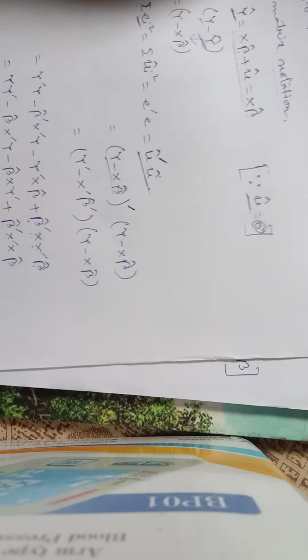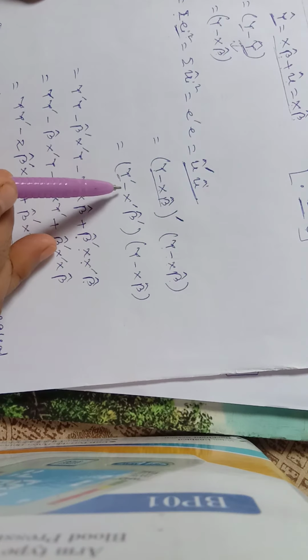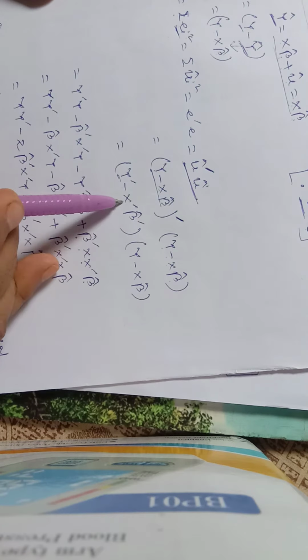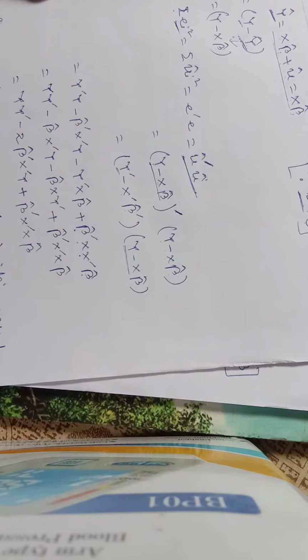Now taking the transpose, it becomes y transpose minus beta hat transpose X transpose, and we have as usual y minus X beta hat.